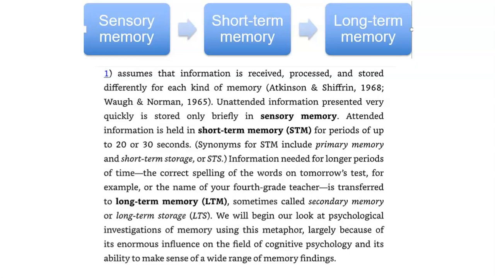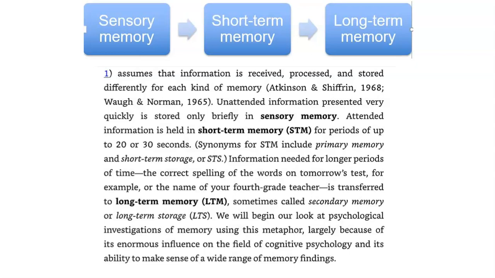So, for instance, the first time that you heard a squared plus b squared equals c squared, it wound up in short-term memory after it was in your sensory memory. You had to hear it, but then you bandied it for a while and tested it, and maybe did a 3, 4, 5 triangle, things like that. And then eventually, information needed for longer periods, the correct spelling of words on a test or the formula for the test, a squared plus b squared equals c squared, winds up in long-term memory.